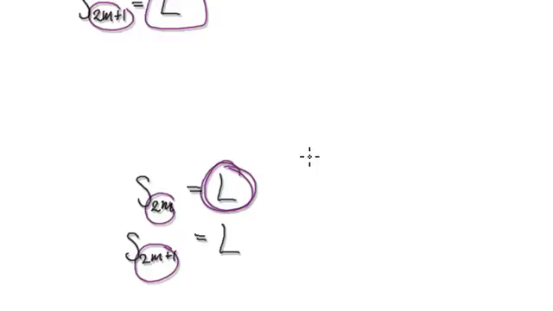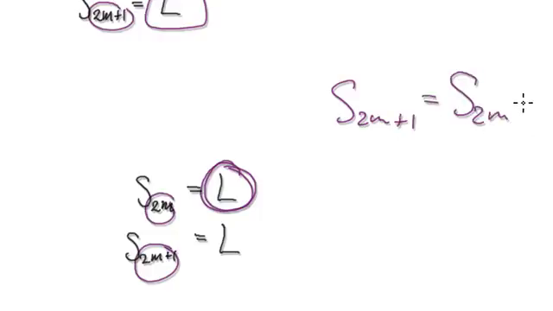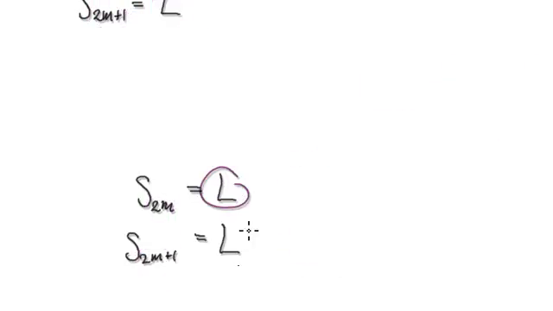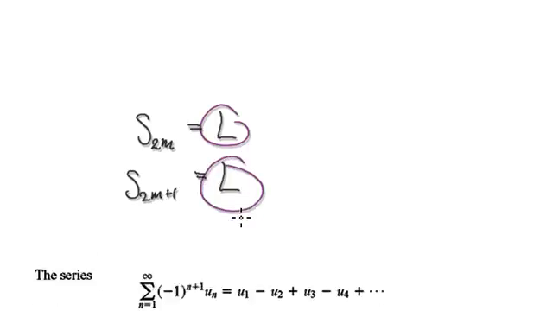For an odd amount, it's also going to have some sort of limit, because you can consider it as 2m plus 1: you can consider it as 2m and then plus the last amount. The last amount is 0. So if this thing here has a limit of L, then you can think of it as plus 0 if you want. But the point is they will have the same limit.